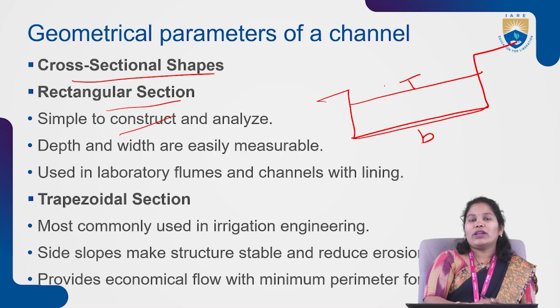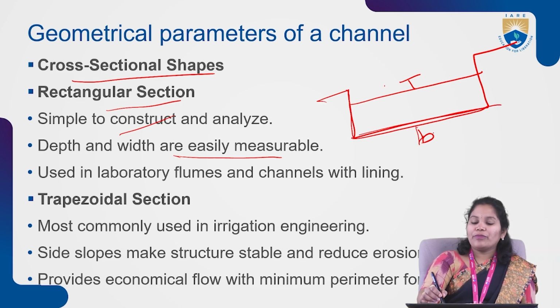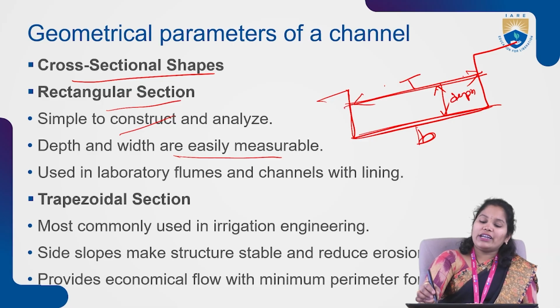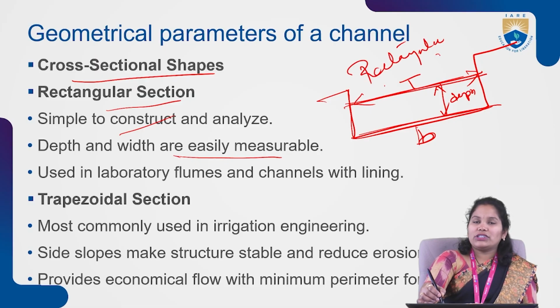The depth and width are easily measurable. In this rectangular channel we can easily measure what B and D are. The depth of flow Y may change depending upon your flow rate, but B and T do not change because it is a rectangular channel.